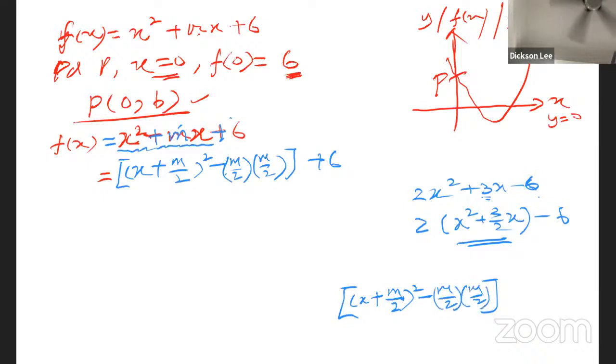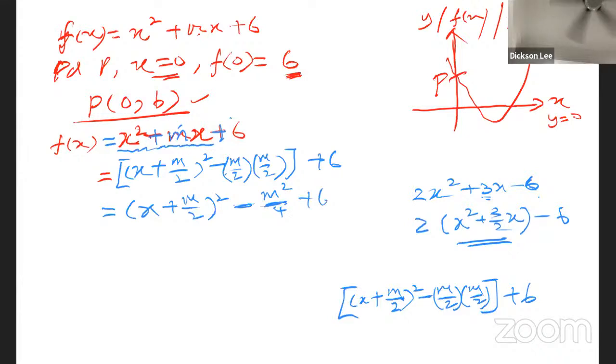Then this one, you bring it down. I don't cut out this. But in the book, they bring this, divide by 2, come out 2. I find that troublesome. Okay, then you open the brackets. Quite straightforward. Minus m squared over 4 plus 6.